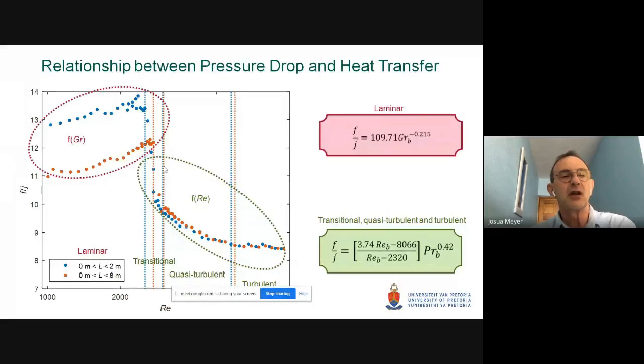It is just that in the laminar flow regime, the Grashof number needs to be taken into consideration, as we've got here in this red block, while the green block shows us the transitional flow regime and the turbulent flow regime, and it shows us that the Grashof number plays no role. Next slide, please.